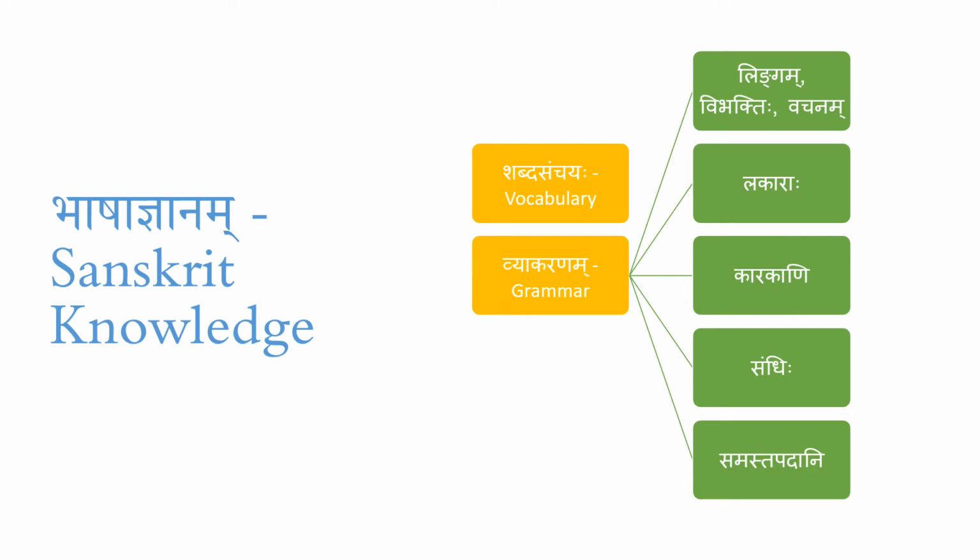Different lakaras are used, karakas are there, sandhis are there, samasta samasas are there. These are different aspects of the grammar one should be familiar with. This is to begin with. Then when one starts writing, this is the basic thing. In the advanced stages, one could think about adding those rasa, bringing those bhava, etc. into the writing.